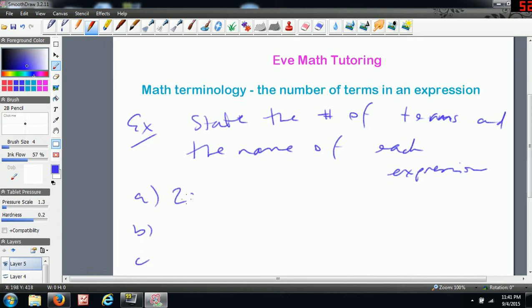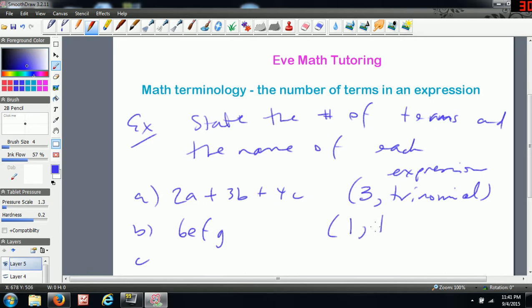Say we have 2a plus 3b plus 4c. So this here would have three terms. This is a trinomial. Okay. If we have 6efg, that has only one term. That's a monomial.